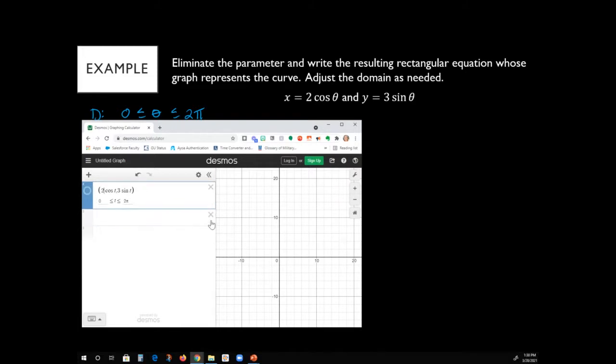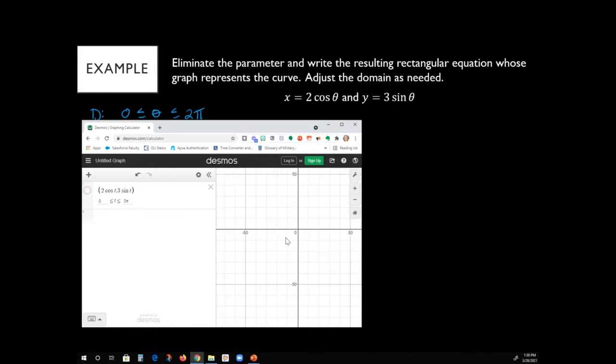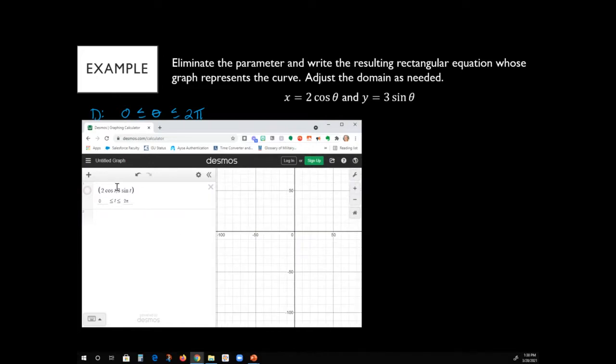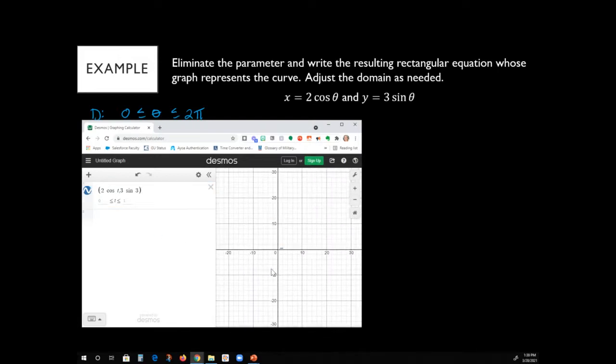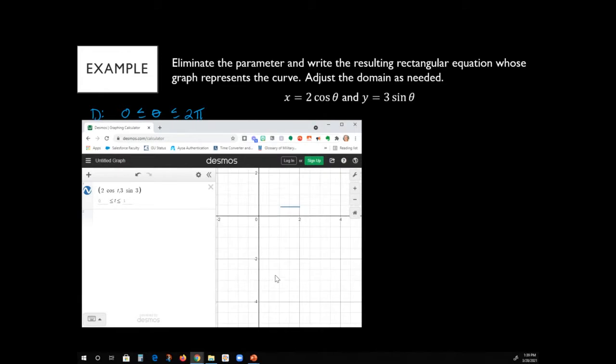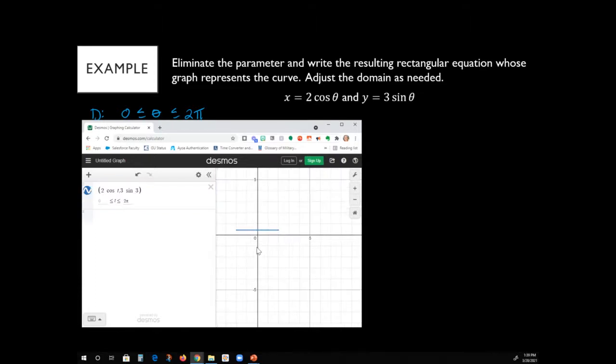Why is that not graphing? I don't know why that's not graphing, so I'm going to just type it in again. Maybe it's just something about how I typed it in. It was working before. Oh, it was just really, really small. Okay, and we want 0 to 2 pi. Okay, there we go.